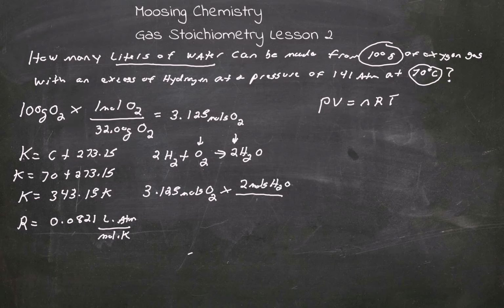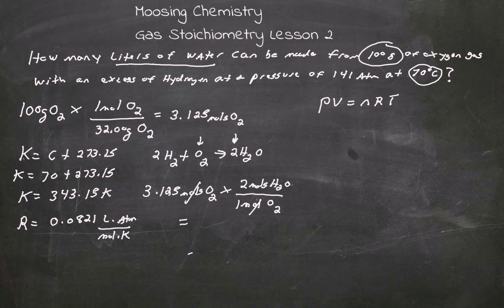We're going to do that by setting this up like that. Let's take a moment for you to see what I did. I took the moles of oxygen, put it underneath, and I want to turn it into moles of water, because we're looking for liters of water. Once we have the moles of water, we can convert it into liters. So we cancel this out, cancel that out.